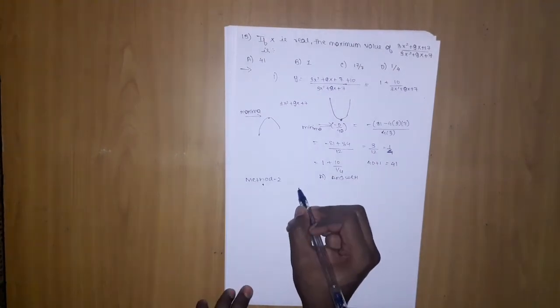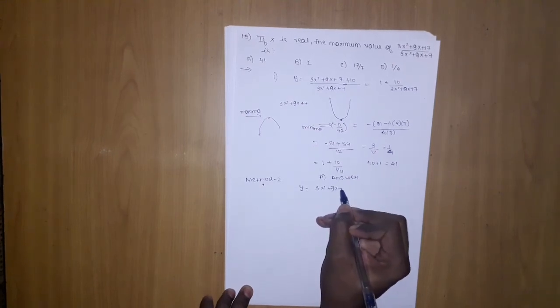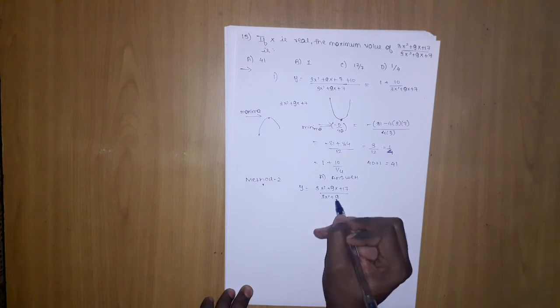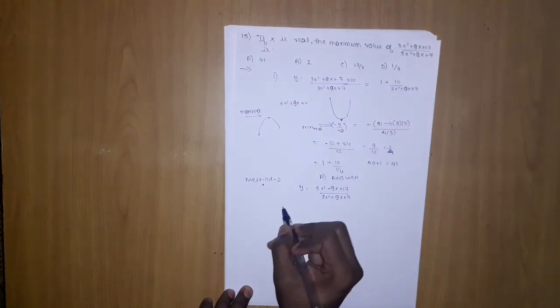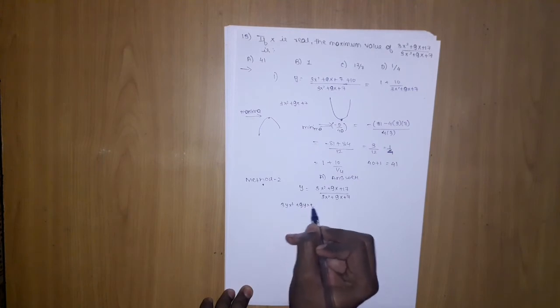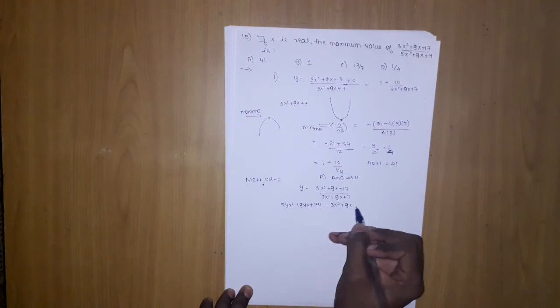This question says let us assume this whole function as y. You don't need to think more, just apply some basic conceptual things. Multiply it by y: 3yx square plus 9yx plus 7y is equal to 3x square plus 9x plus 17.